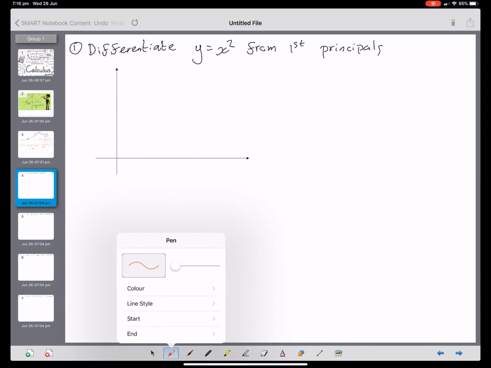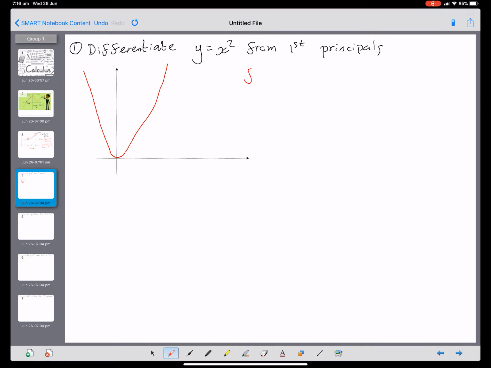Okay, so the graph of y equals x squared is going to be a nice, smooth parabola. Okay, so the first thing we do is write down the formula for differentiation from first principles. So f of x plus h minus f of x all over h.